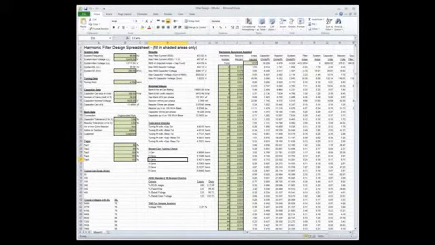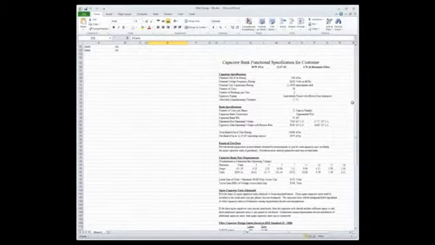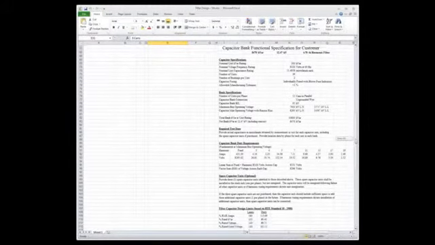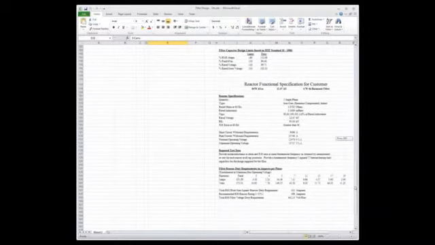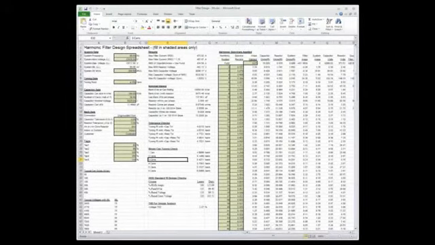Also, in this spreadsheet down here, I have a capacitor bank functional specification listed the way I've done it for the last 20 or so years, and the reactor functional specification as well. On top of it, this actually has a quick harmonic simulation in it based on a single short circuit impedance driving MVA.